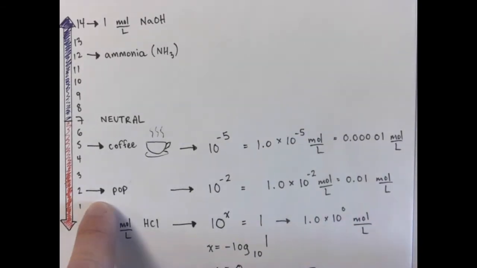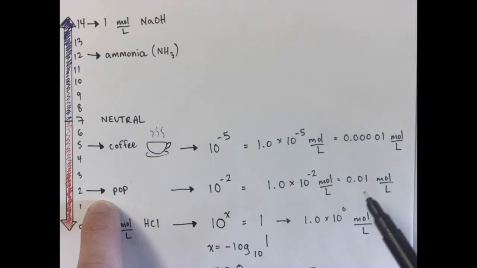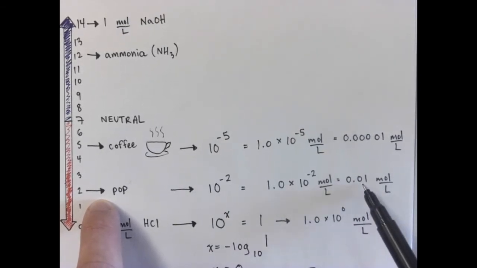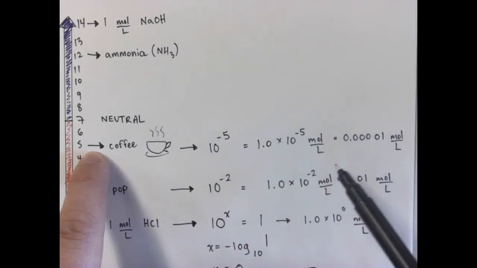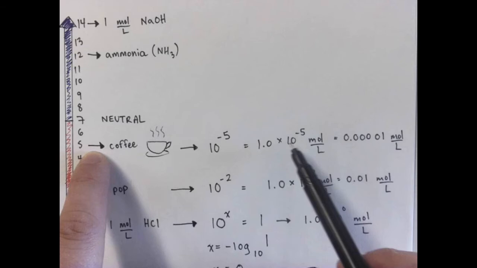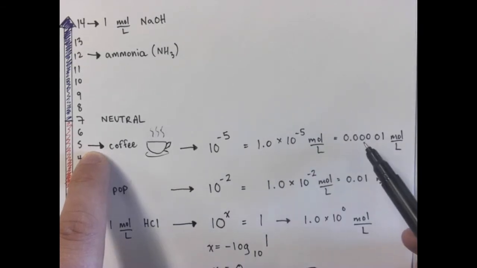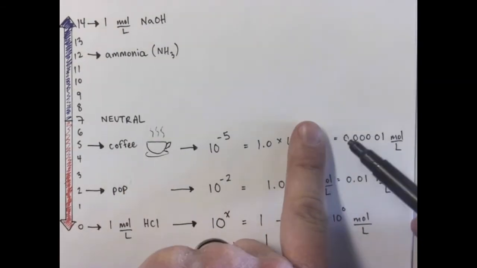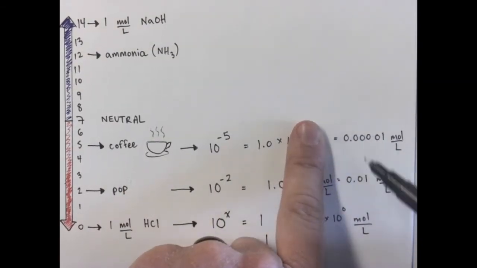So if you look at pop, it has a pH of 2, and it gives us a hydronium concentration of 0.01. And if we look at coffee, its hydronium concentration is 10 to the minus 5, which is 0.00001. So how do these two numbers compare with one another?